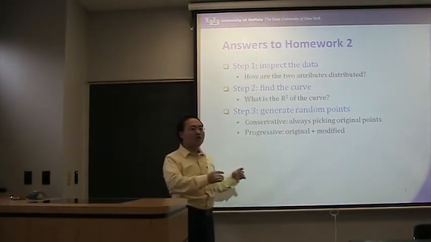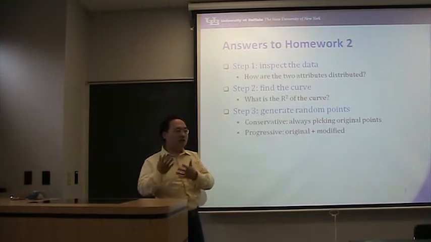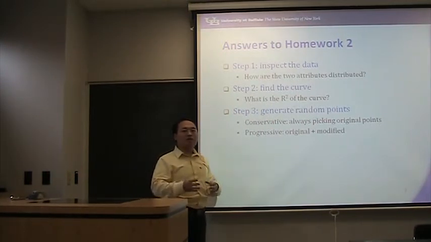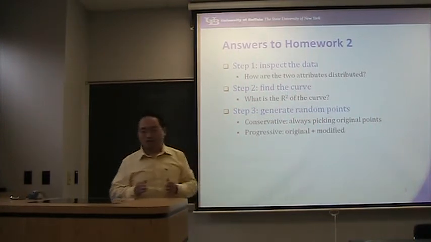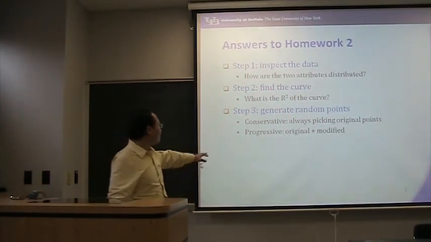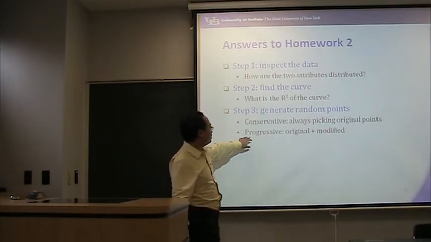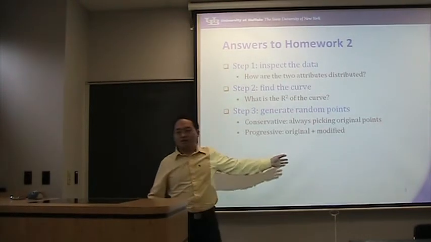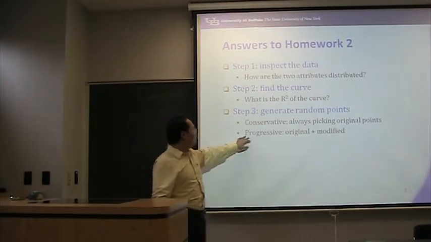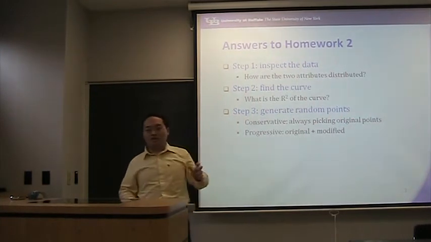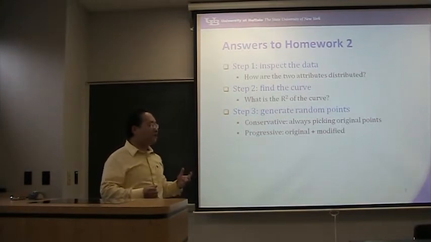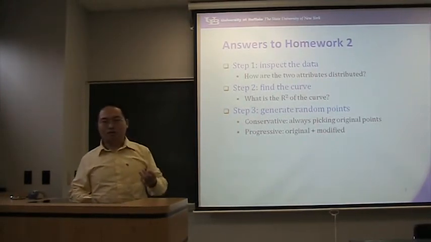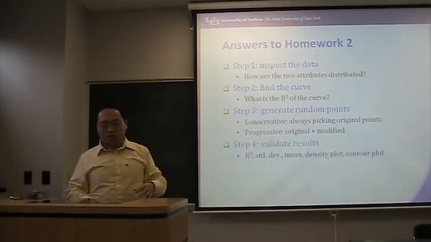You keep 1,000 original points. Then for the rest 4,000 points, you create them by modifying existing points. So the best progressive method is original plus modified. But when you choose the progressive method, you are taking your risk. Because how can you prove that the generated points are as good as the old points? I'm going to show this later.